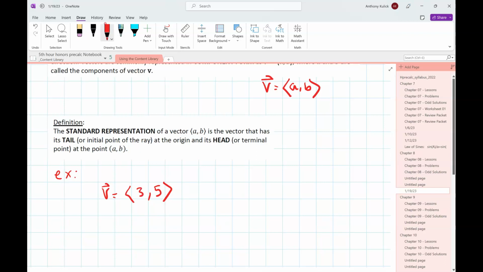Let's say we have the vector <3, 5>. If I want to draw its standard representation, because it's in component form, we understand that the tail of the vector is at the origin, and the head of the vector is at the point (3, 5). So 3 over and 5 up. When we draw the head of the vector, we put an arrow at the head. And the tail of the vector is just like the point, like the start of a ray.